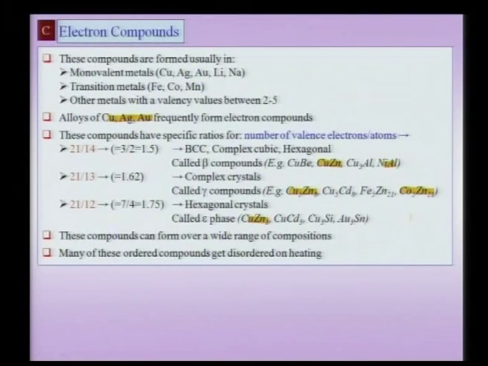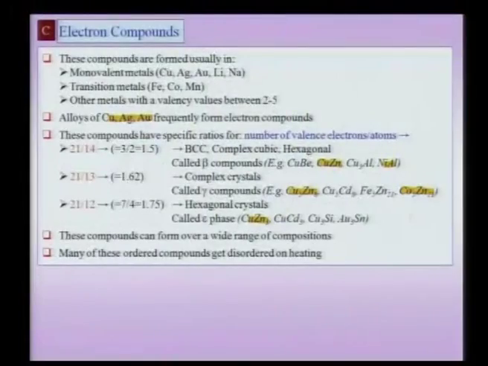Now, all these compounds are being stabilized for a specific value of electron to atom ratio. Okay. Now, what are these electron to atom ratios? There are three possibilities. One is 21/14, the other one is 21/13, the other one is 21/12.